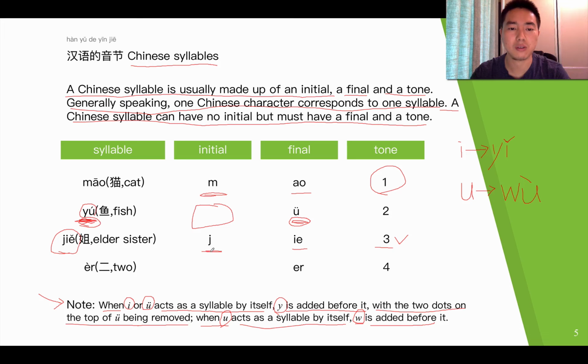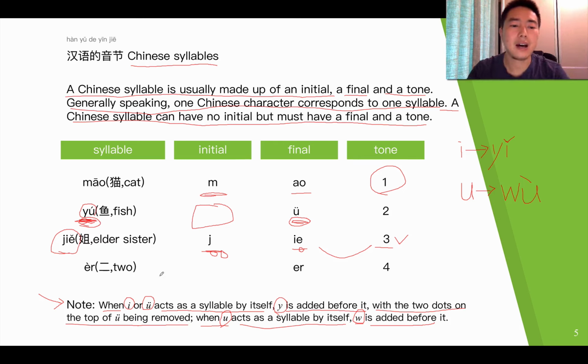So the pattern should be like this: j, the initial first; ie, the final first; then j, the initial the second time; ie, the final with the tone; then read the initial and the final together, jiě. Okay, read after me one more time. J, ie, j, ie, jiě.